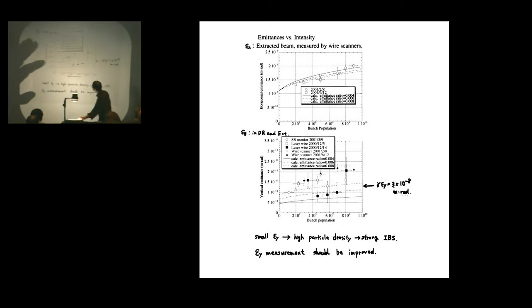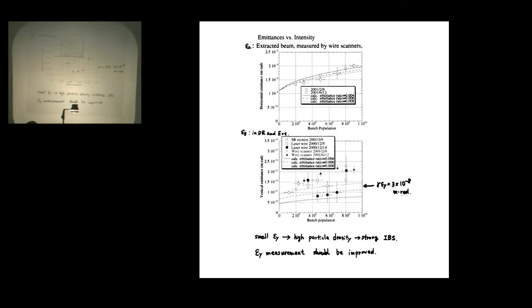So, and also from this, the measurement is not very accurate, but I can say that at low intensity, because our target is here, we achieved our target value. But we should improve this measurement, vertical emittance.